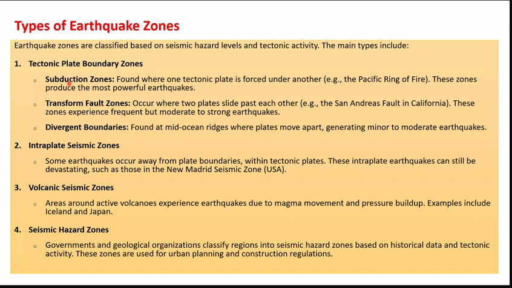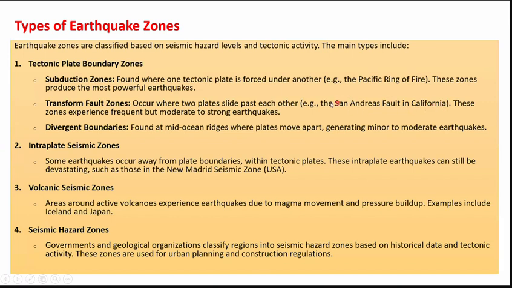This subduction zone, where one plate is sliding over the other, is found where one plate is forced under another, for example the Pacific Rim of Fire or Ring of Fire. These zones produce the most powerful earthquakes. Then transform zones occur where two plates slide past each other, like the San Andreas Fault in California.